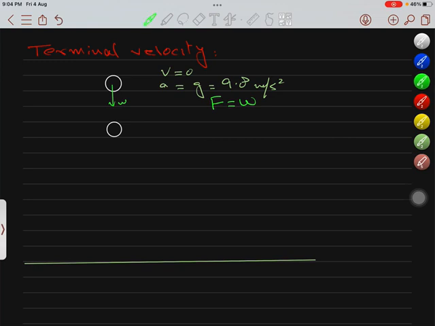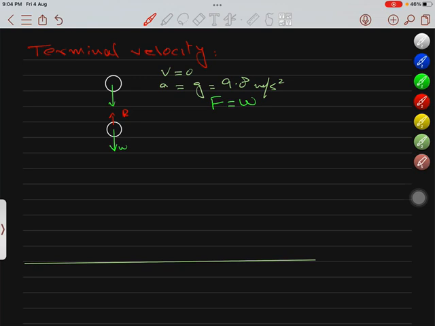Let's compare the forces at this position. Downward force is the weight, and weight is the same W, but now it has some air resistance. Let's consider R is the air resistance.